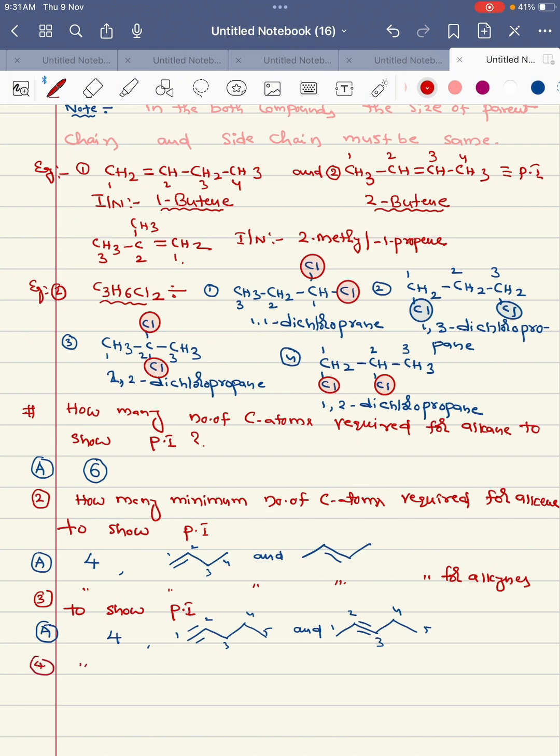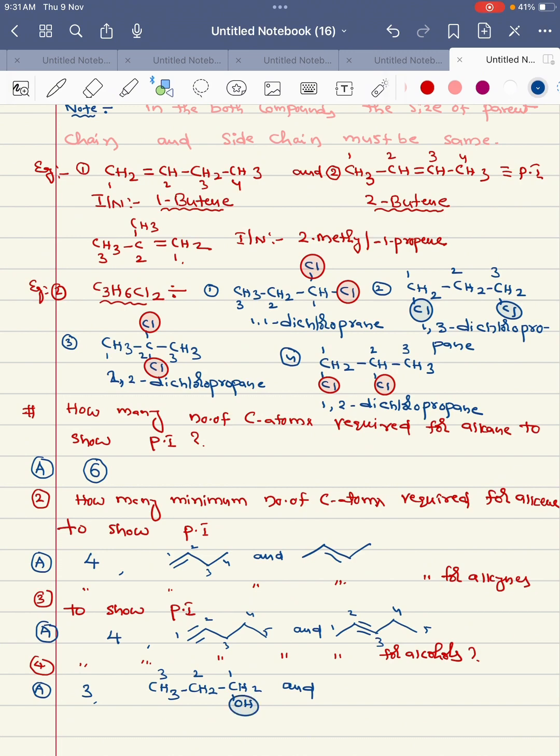Next, how many minimum carbon atoms are required for alcohols? That is the question. The answer is 3. For example, CH3, CH2, CH2, OH, 1, 2, 3. See that. What is the functional group in the alcohol?